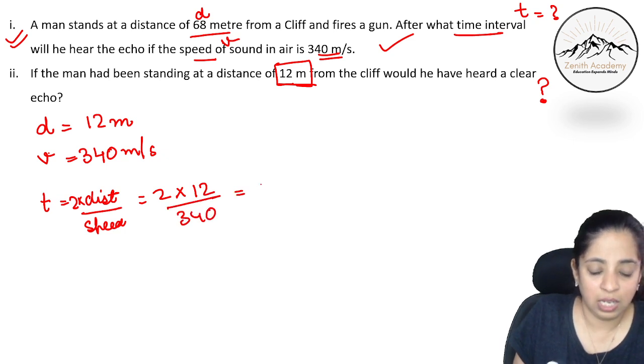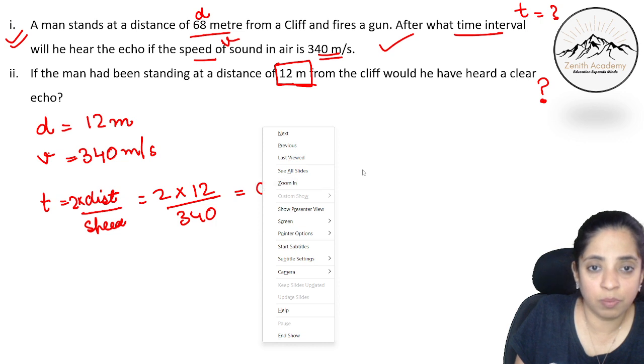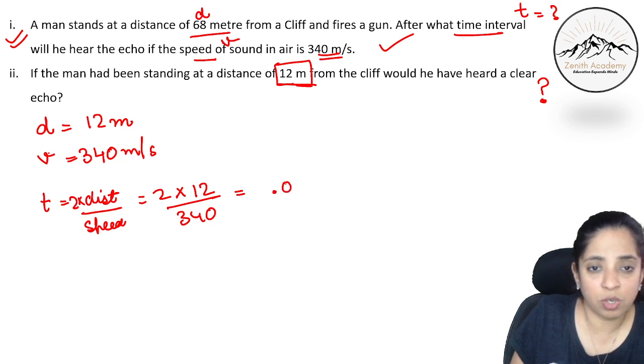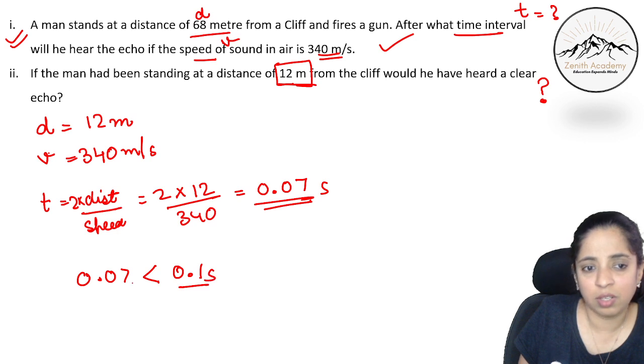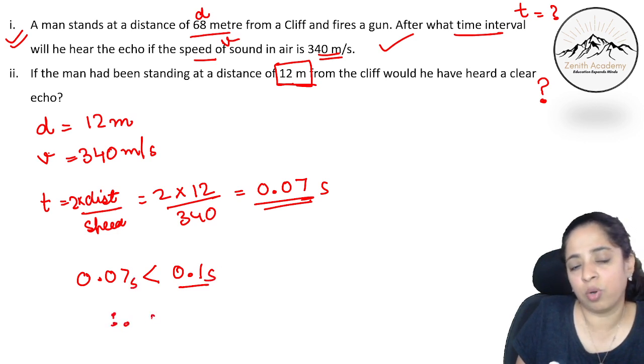So if you solve, this is coming out to be 0.07 seconds. Now this time 0.07 is less than the persistence of sound, isn't it, therefore no echo will be heard.